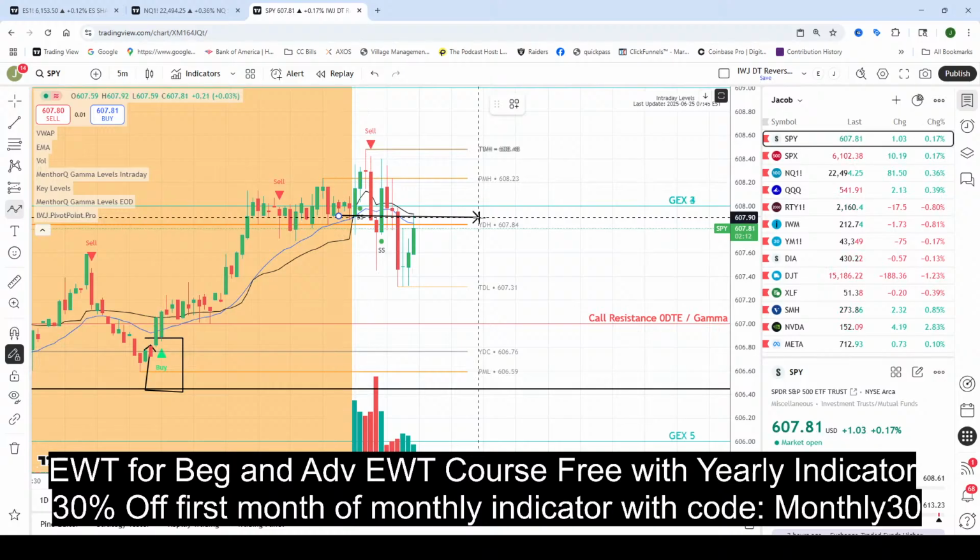So again, that opening print rejected off of that and VWAP as well.